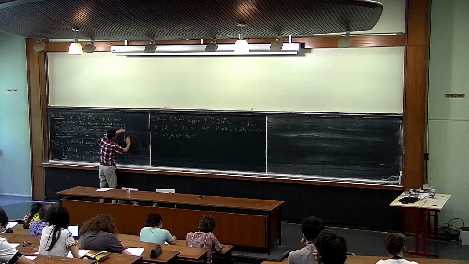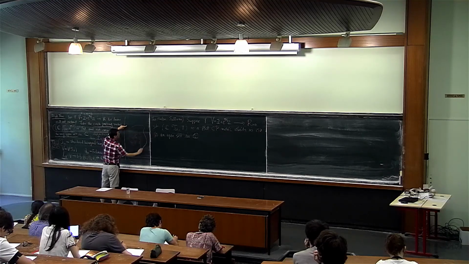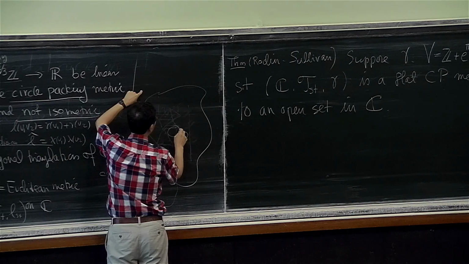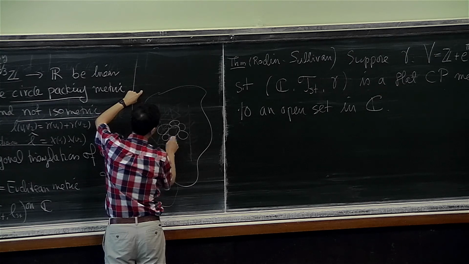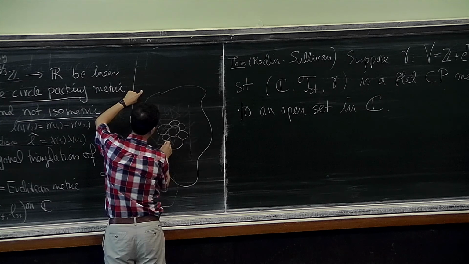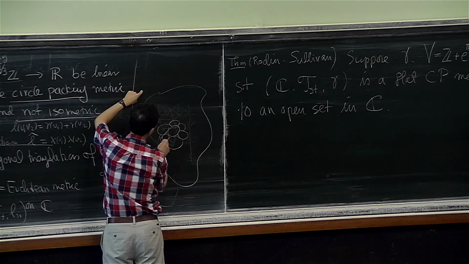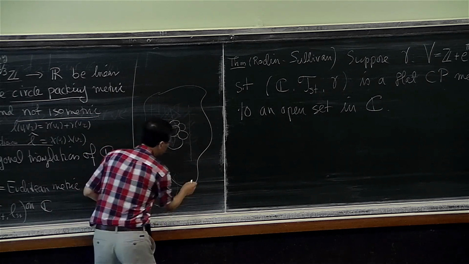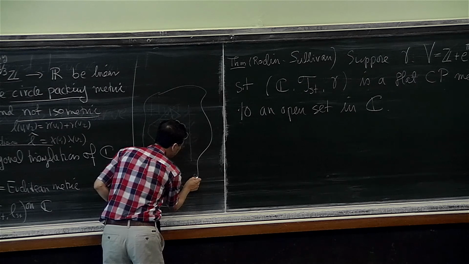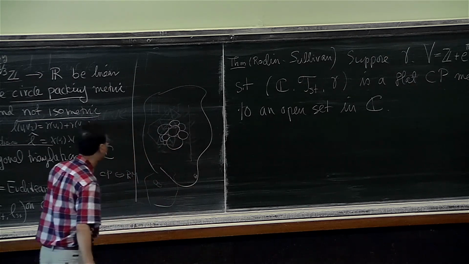Okay, so geometrically, what's really going on is that you take an open set in the complex plane, and we start doing circle packing on it. This open set now has a hexagonal circle packing. You keep going like that, without self-overlap. The triangles near the boundaries could have very small diameters and so on.